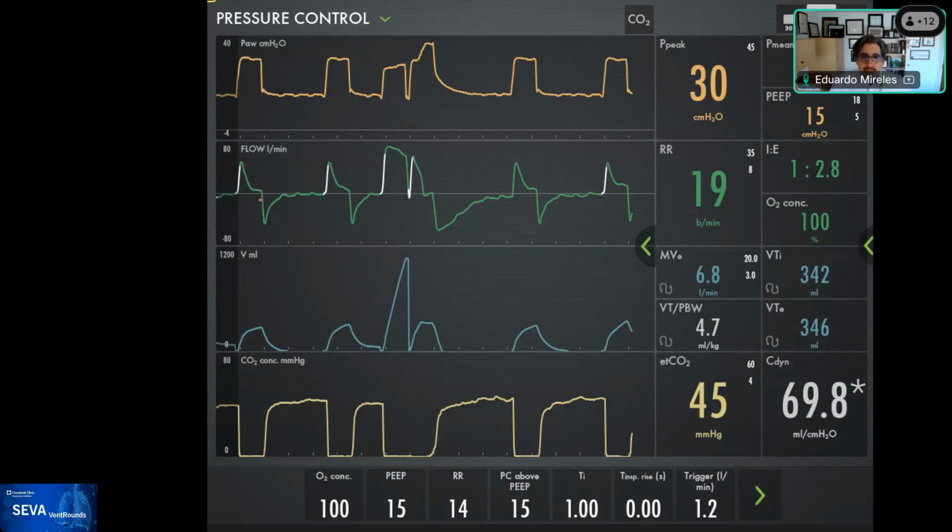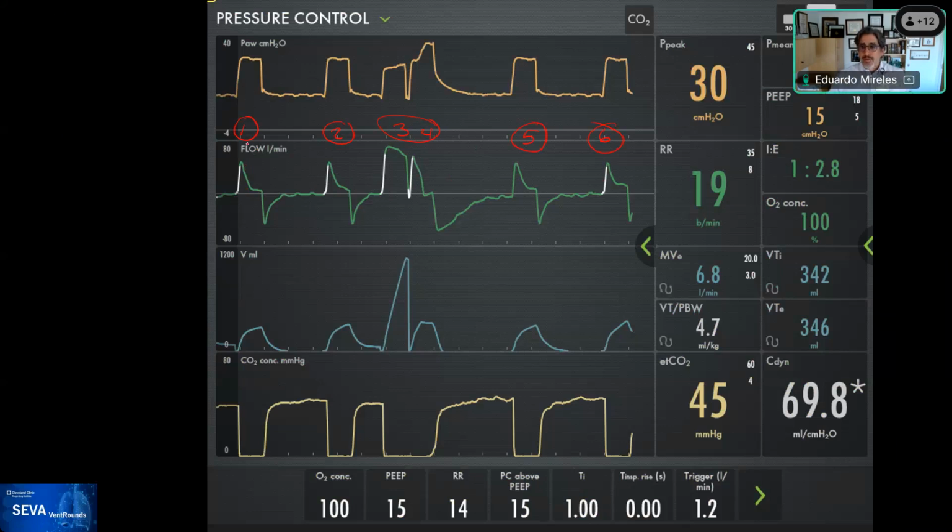So now that you see this one, you already recognize, because you know that this is breath number 1, breath number 2, this is breath number 3 and 4 together. This is breath number 5 and breath number 6.